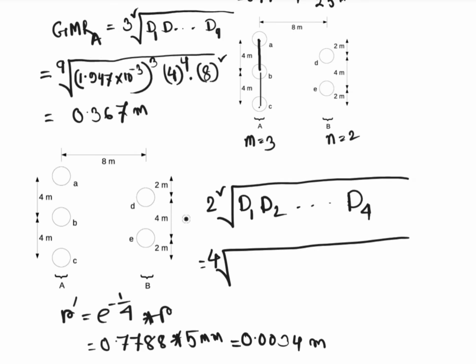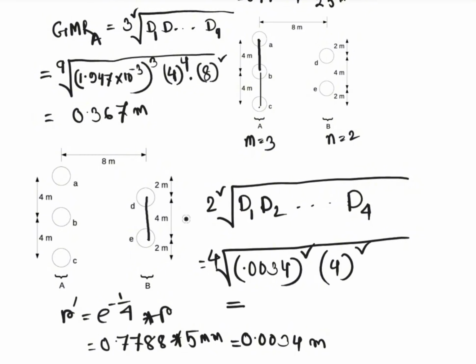So here let's plug in the value. Okay, so this will be 4, and individual distances for D and E cables or conductors, that is 0.0034 to the power 2, because there are 2 conductors, that's why square. And the distance from D to E is 4 and E to D is 4, so 4 square.